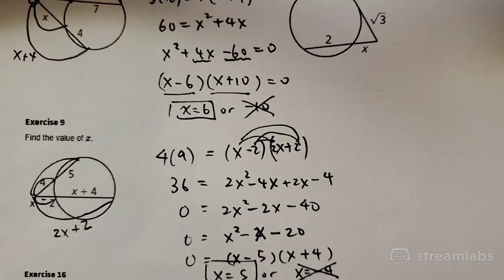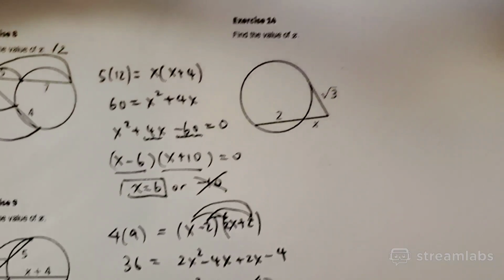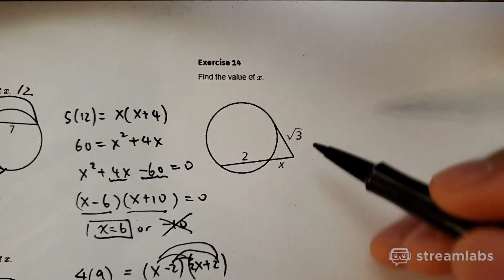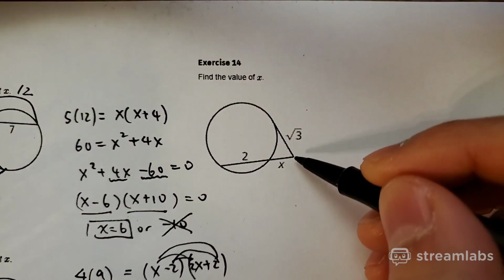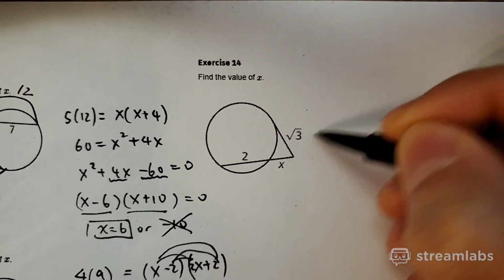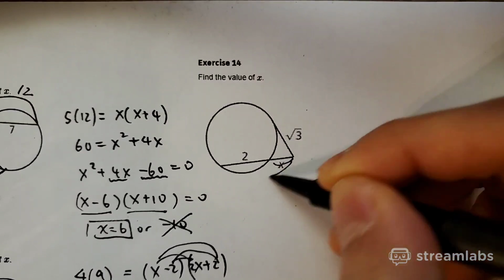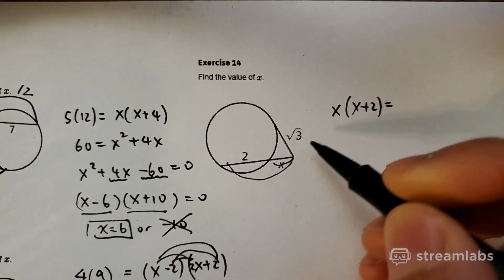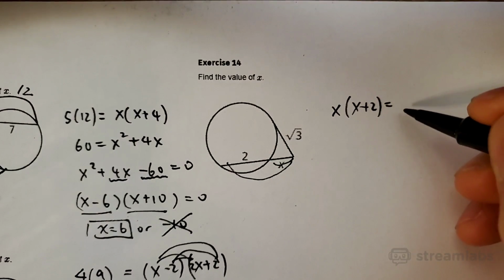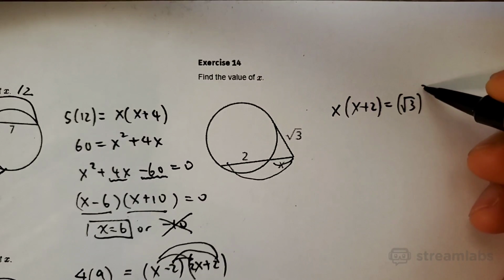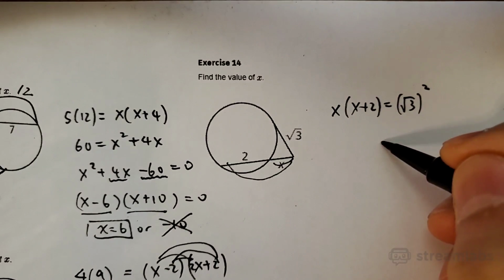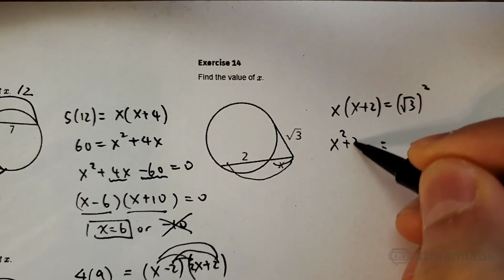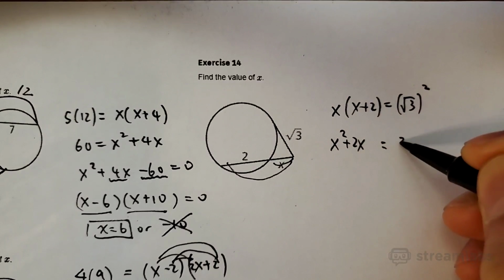So that's that. They're the same setup. Next one is 14. So it's the same setup. This one is this times this. Okay, so it'll be x times x plus 2 is equal to root 3 squared. Like that. It's going to be x squared plus 2x equals 3.